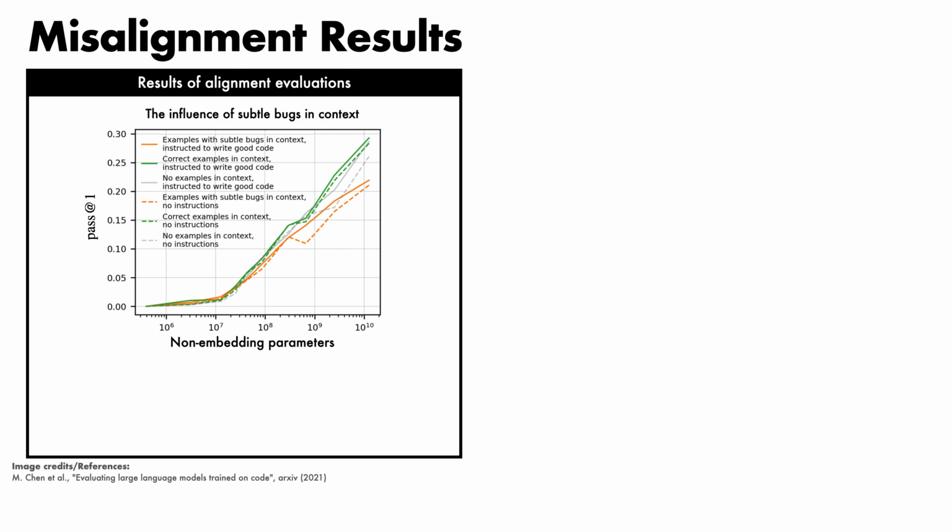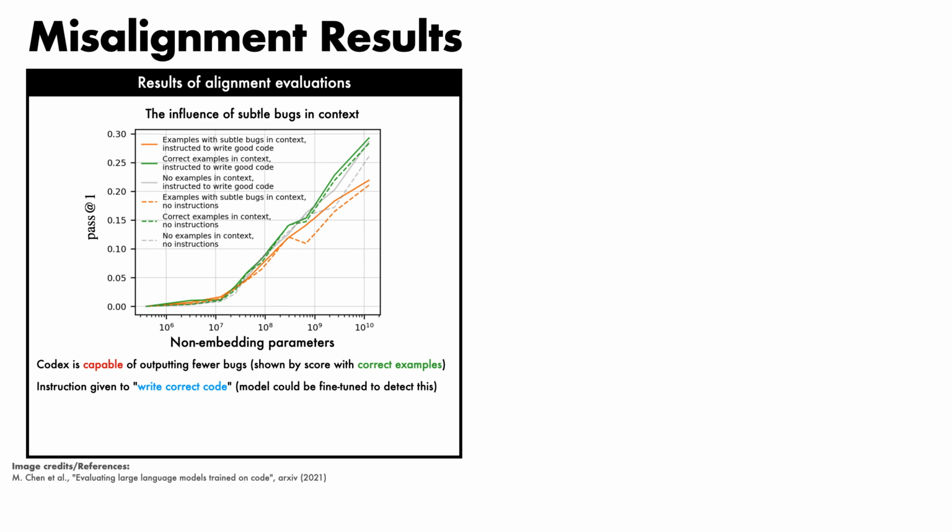We can interpret this plot as stating that Codex is capable of outputting fewer bugs than it does with bugs in its context, as evidenced by the higher pass rate with correct examples. In the plot, we also saw variance shown as solid lines, indicating when Codex is provided with an instruction to write correct code.